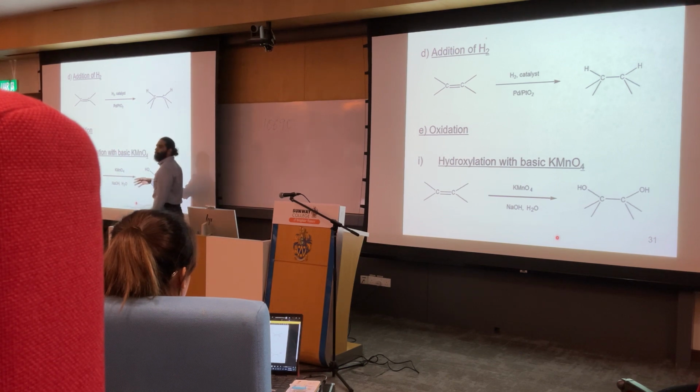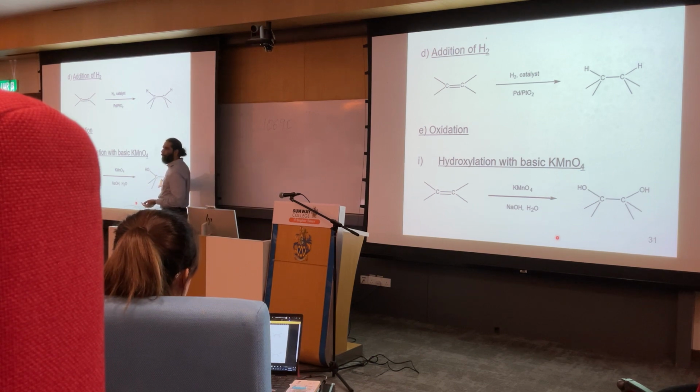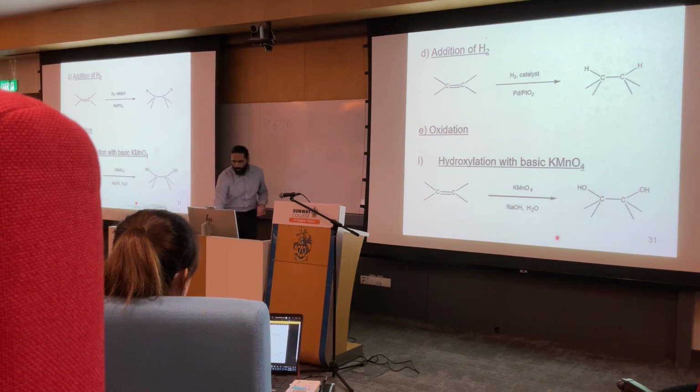So first, look at the example where we are using a basic medium. We will get hydroxylation, meaning two hydroxyl groups will come instead of the carbon-carbon double bond. Now there is no more carbon-carbon double bond, and we have added hydroxyl groups on each of the carbons.